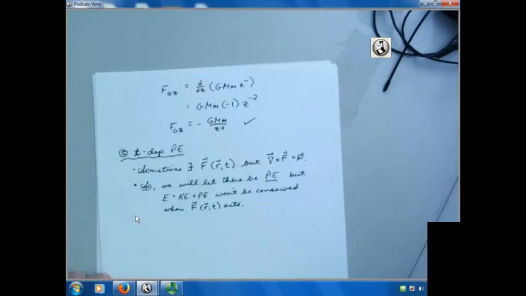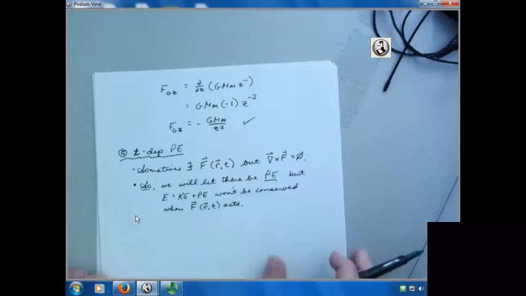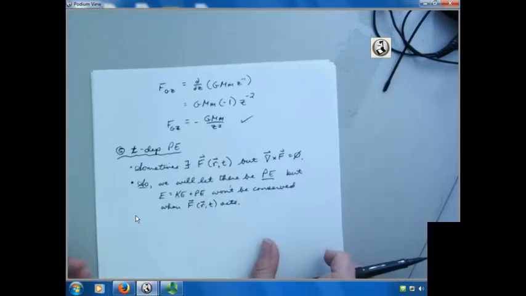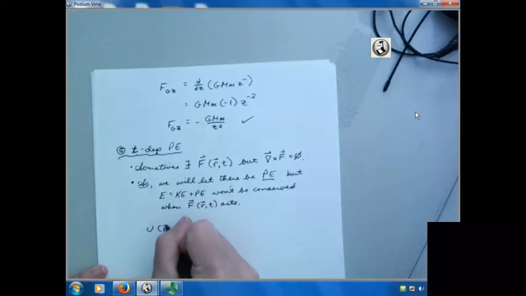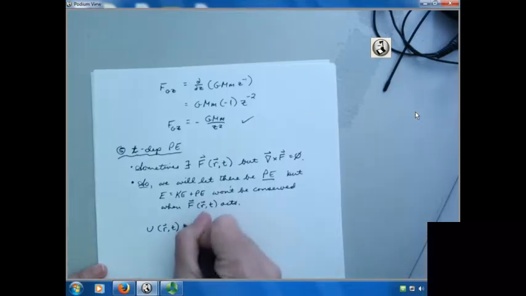All right. So since I've chosen to call this thing that's path independent potential energy, let's go ahead and calculate potential energy. What I've got for my expression for potential energy is going to be the same old thing that it's always been.